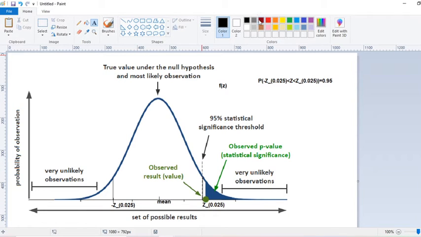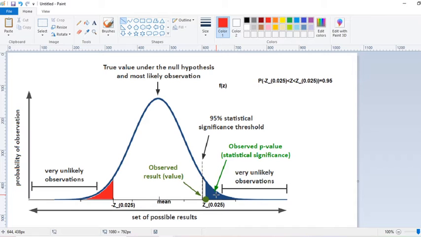So in this region, this area is 0.025, and also, since this is symmetric, this area will also be 0.025.